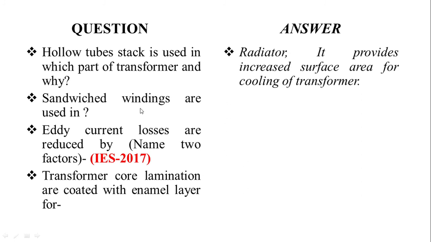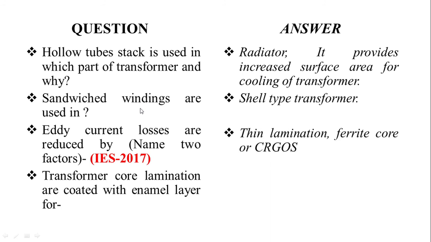So the radiator provides increased surface area for cooling of the transformer. Sandwiched windings are used in shell type transformer. Eddy current losses are reduced by, first, we know that eddy currents are reduced by thin laminations, and second, eddy currents also get reduced by using a ferrite core or CRGOS material.